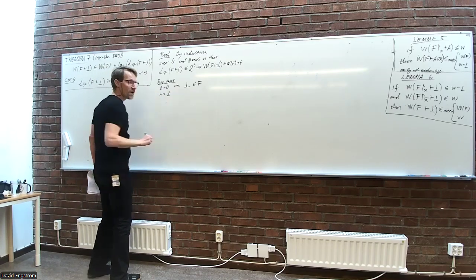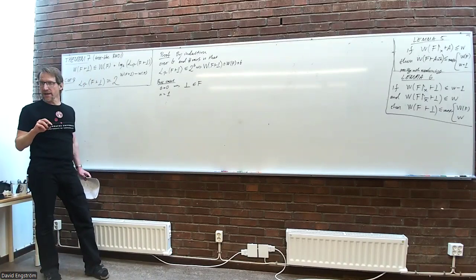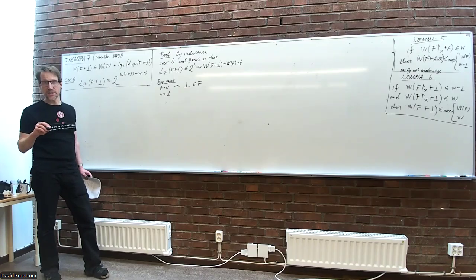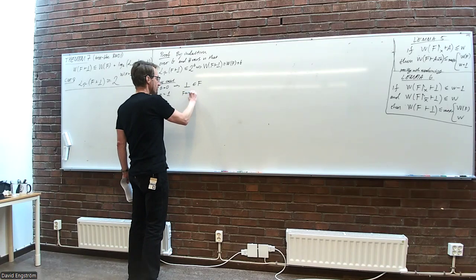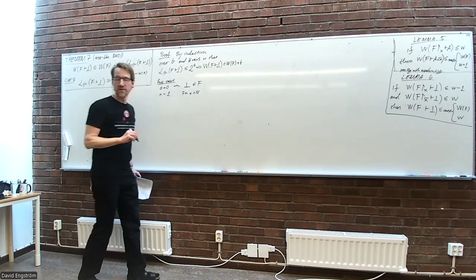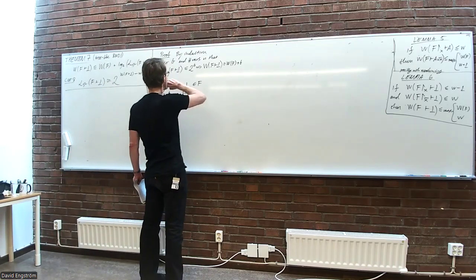Suppose that the number of variables in my formula is 1, and it's an unsatisfiable formula. What does this formula look like? Well, in that case, f is x and not x, if it's unsatisfiable. Not that many choices.